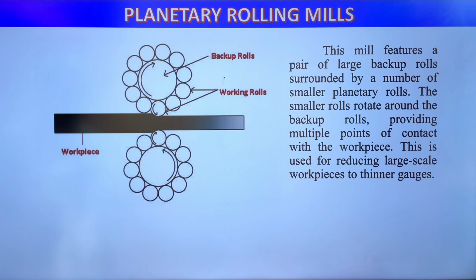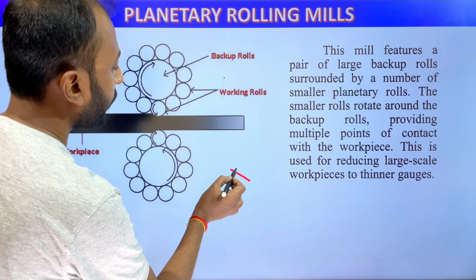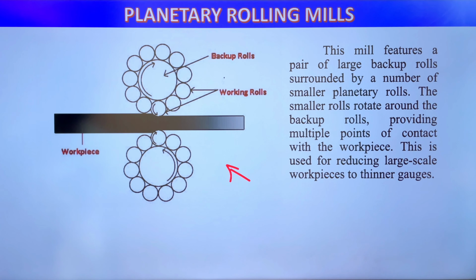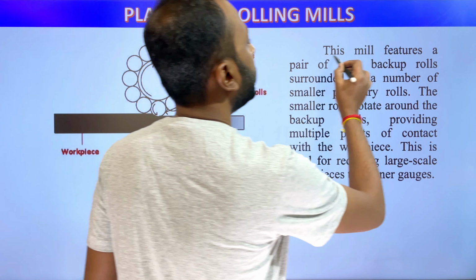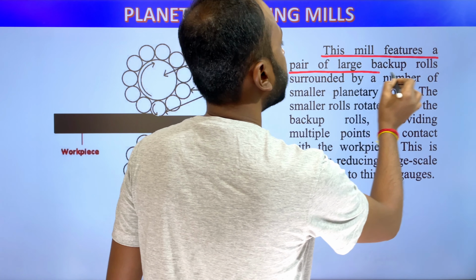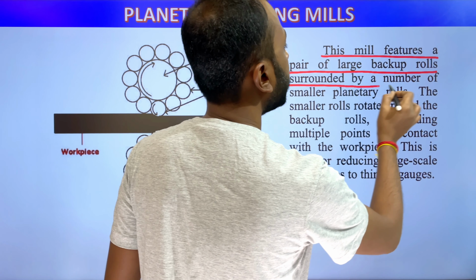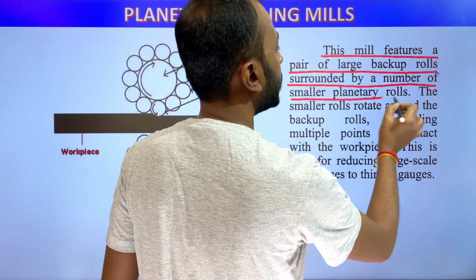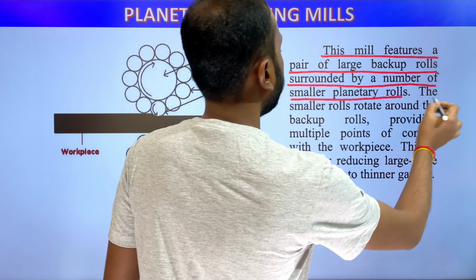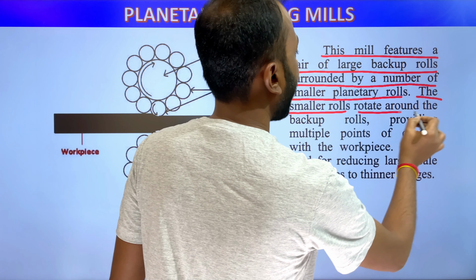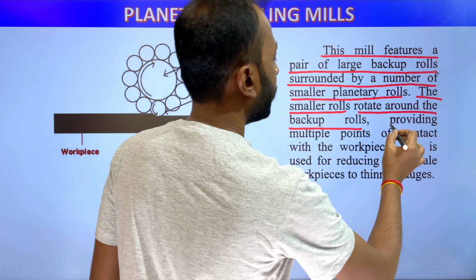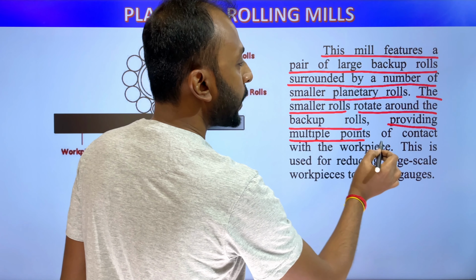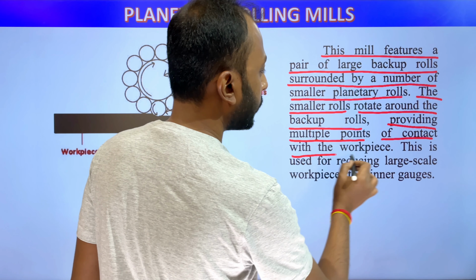Next one is planetary rolling mills. This is the setup of planetary rolling mills. This is a complicated setup. This mill features a pair of large backup rolls surrounded by a number of smaller planetary rolls. The smaller rolls rotate around the backup rolls, providing multiple points of contact with the workpiece.